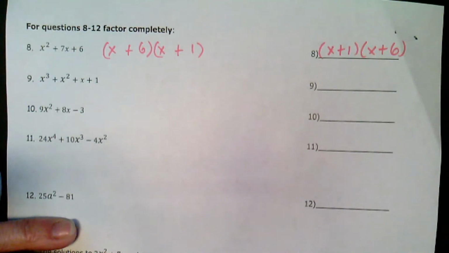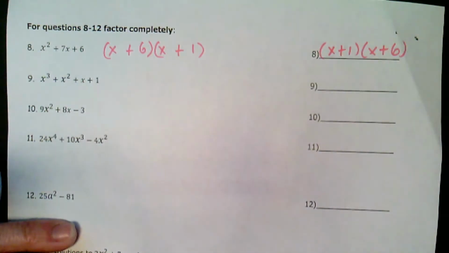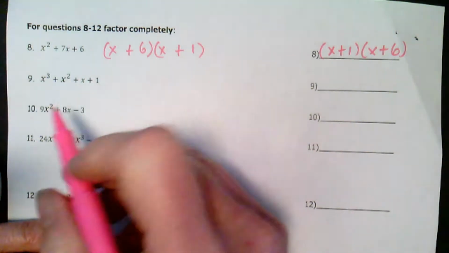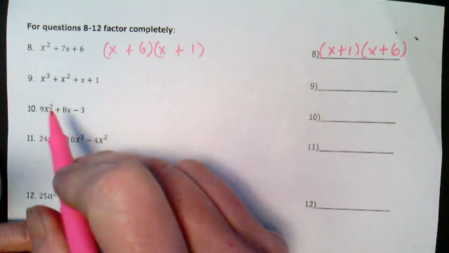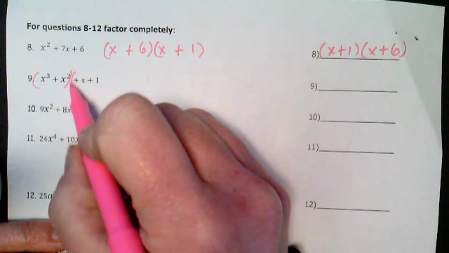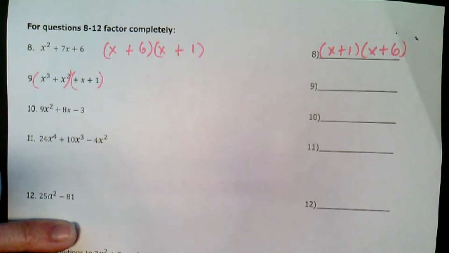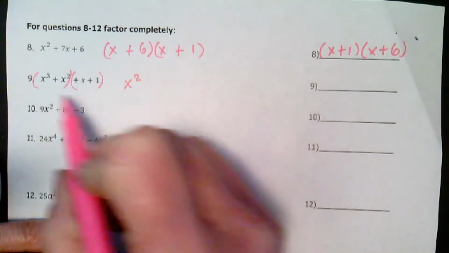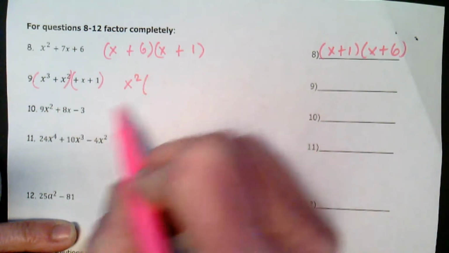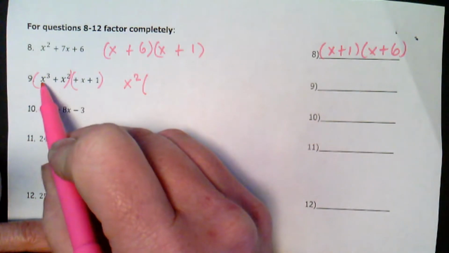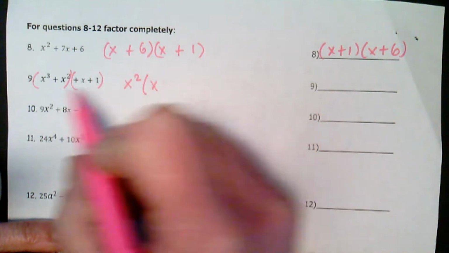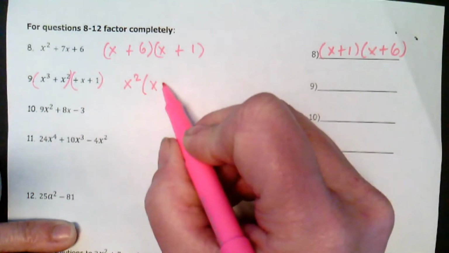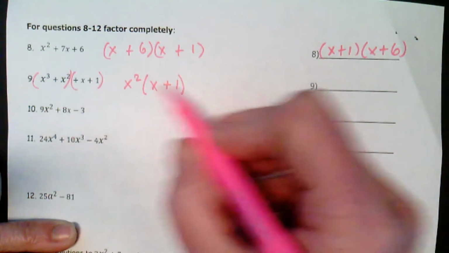Alright, number 9. Nothing can come out of all of them, but anytime there's 4 terms, I can group them and then factor each group. So if I group this, I can take an x squared out of both of these. The parentheses is what's left. If I take x squared out of x cubed, I'm left with x. If I take x squared divided by x squared, I'm left with 1.